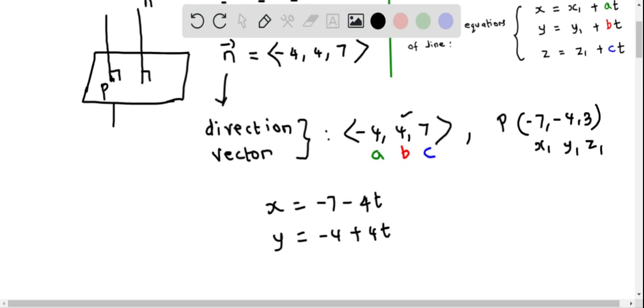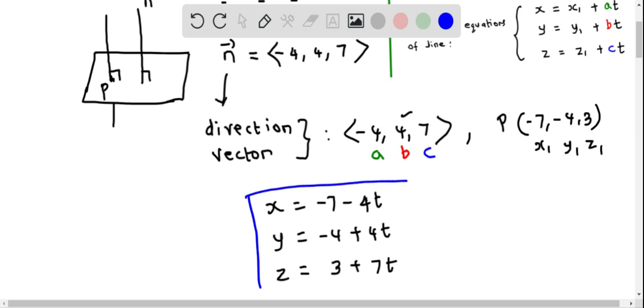And z = z1, which is 3, plus ct, and c is 7, so it is 3 + 7t. So these are the parametric equations of the line given the point and perpendicular to the plane, and so choice 3 is correct.